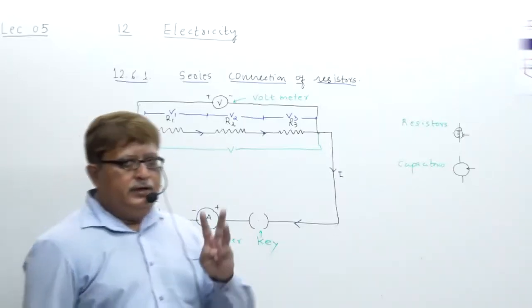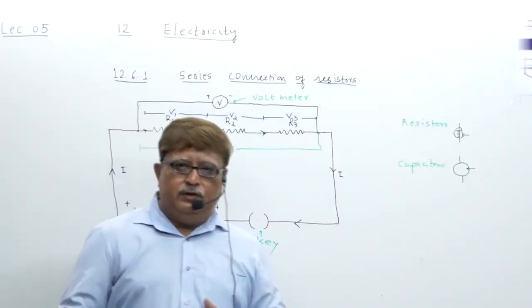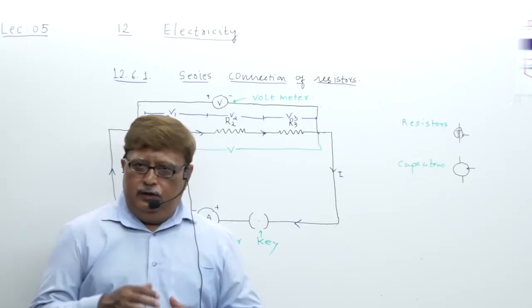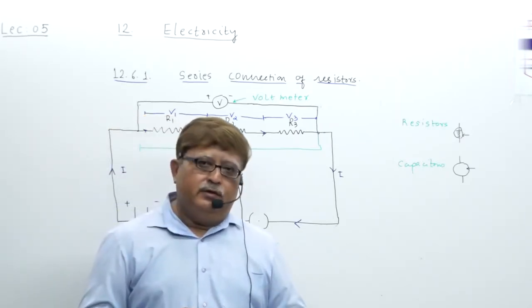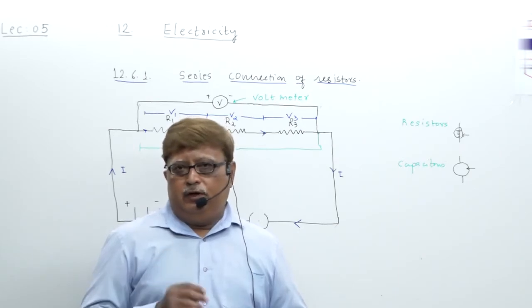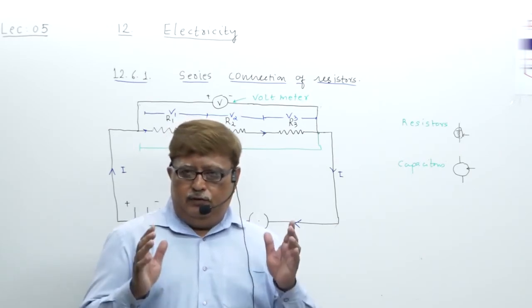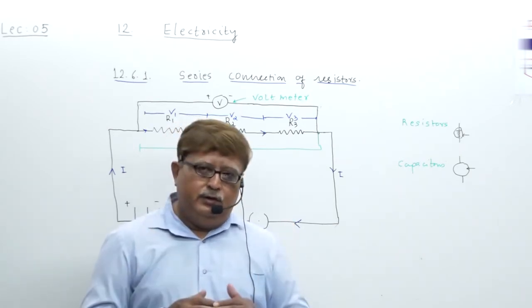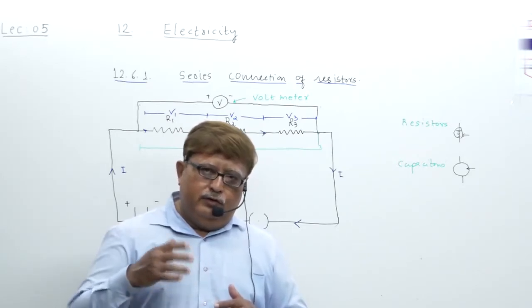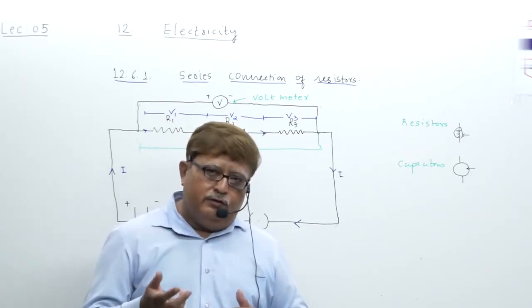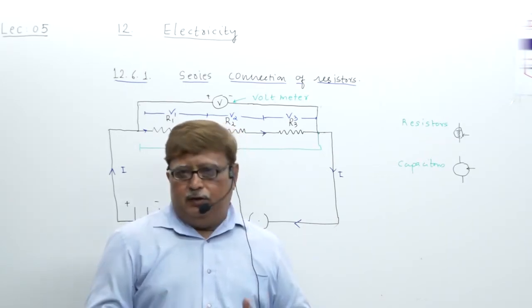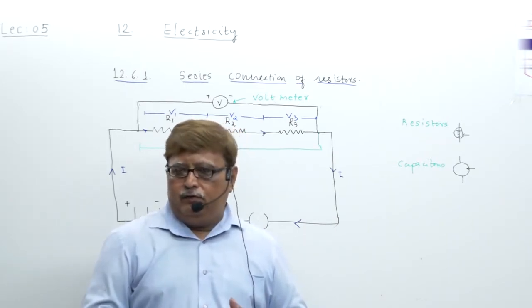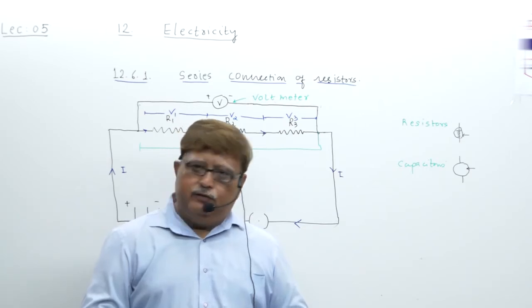We have connected three resistors R1, R2 and R3 in circuit. Now try to understand the question. When you connect three resistors in circuit, what is the total resistance produced in the circuit? That total resistance is known as equivalent resistance.